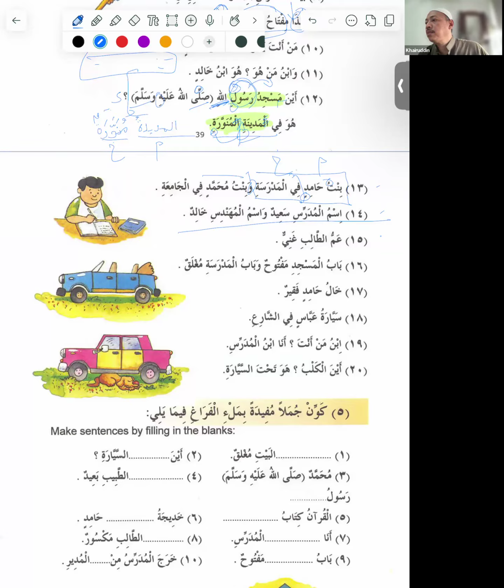Again, this is mudhaf ilaih, and this is a mubtada, and the khabar is fil jami'ati, is in the university. So this is the khabar, bintu Muhammadin.